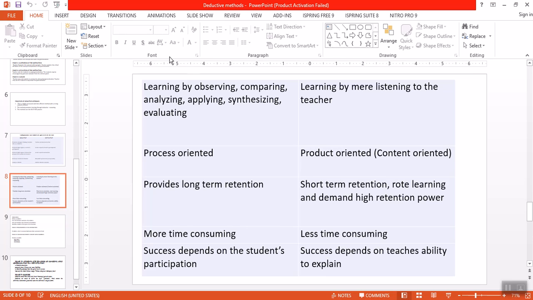Of course, the inductive is time consuming and the other is less time consuming. If you are able to do the inductive method very effectively, every student succeeds and becomes a very active learner. So all the success depends on the students' participation. If the students participate more, they learn much better, right?